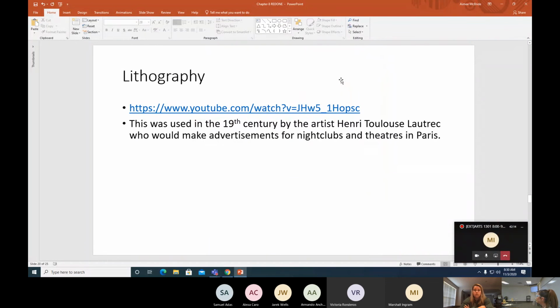And that takes us to our third version of printmaking, lithography. This is the one that we have to watch a video on because there's a lot of chemicals used and I can never remember all of the names of the chemicals. But with this one, it works on the idea of grease and water repelling each other.